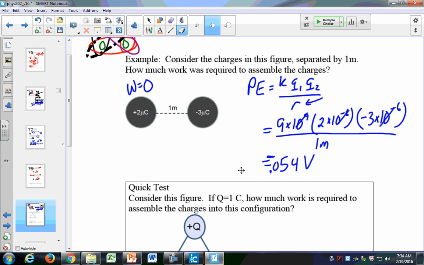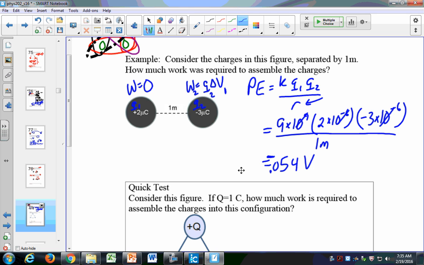Now, I've already said that my work is equal to Q delta V. All right, so the work required, I'll call this Q1 and I'll call this Q2. The work required to move particle 2 into position is going to be Q2 times delta V due to particle 1.